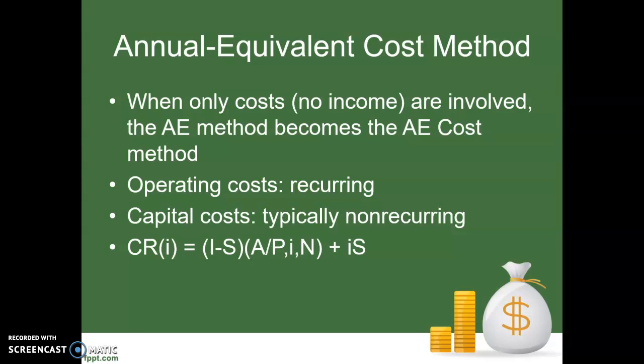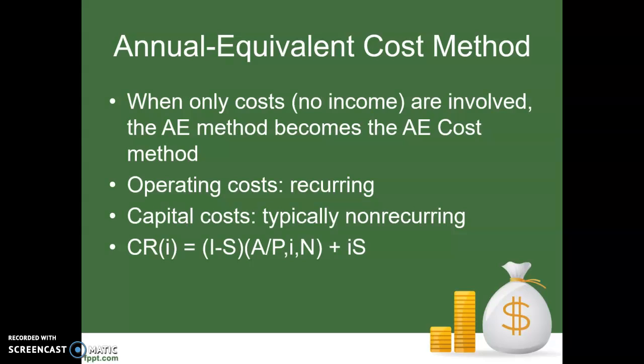So this is a type of analysis that can be used for two different operating models or two different systems in which there are going to be costs. You know that it's going to cost you money, but it's a necessary cost of doing business. However, you would still like to minimize that cost and keep it down.